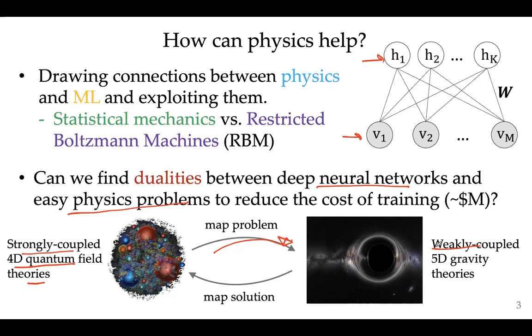Weakly coupled means it's solvable, but that model is a gravity theory in 5 dimensions. So solve the problem there, and then map the solution back. The question I ask here is, can we find such dualities between neural networks and easy physics problems that we can solve?